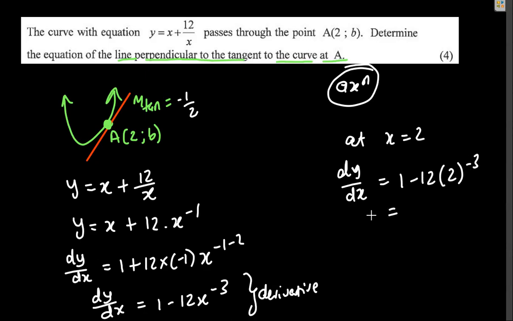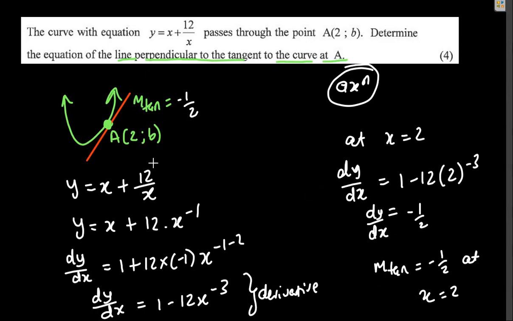You'd get that the derivative is a negative half. So it means the gradient of the tangent, the gradient at that point, is negative half at x equal to 2. Okay, so that is the gradient of the tangent.